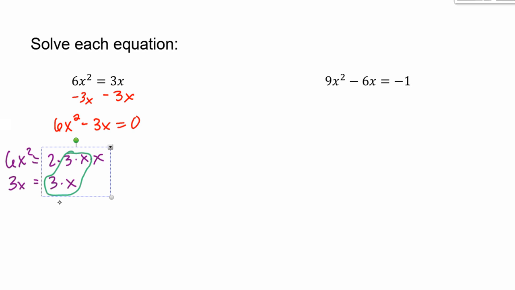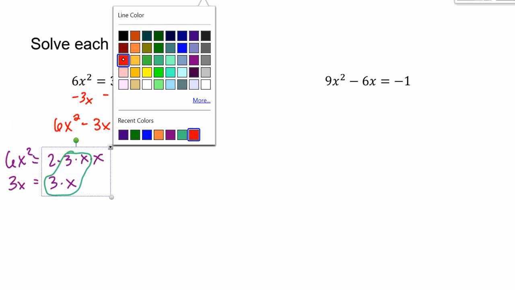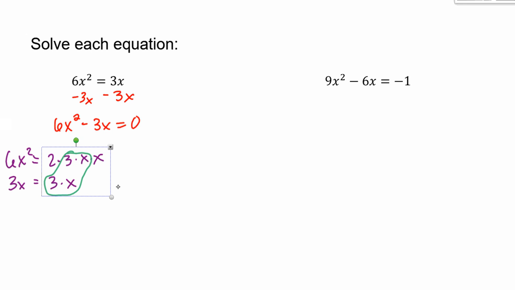Oh, sorry, hit the mic. So I'm going to pull out a 3x, and my leftovers are 2x minus, and there's nothing left over. Should I just close my parentheses? Should I be done with it? No, the superhero comes in and says, I'm here.